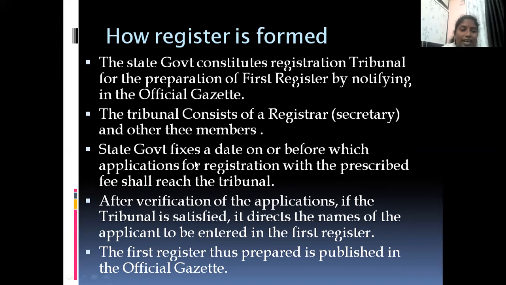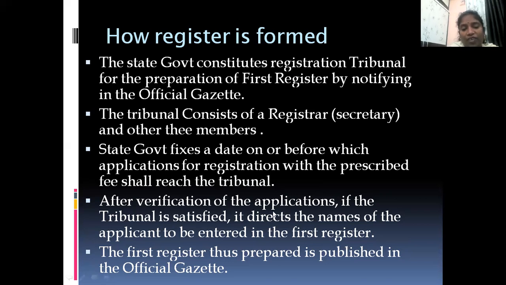Okay, so the state government fixes the date on or before which the application for registration with the prescribed fee shall reach the tribunal. So fixing the dates, and also the state government only fixes the date for this registration to the tribunal, and that also they will keep in a gazette.